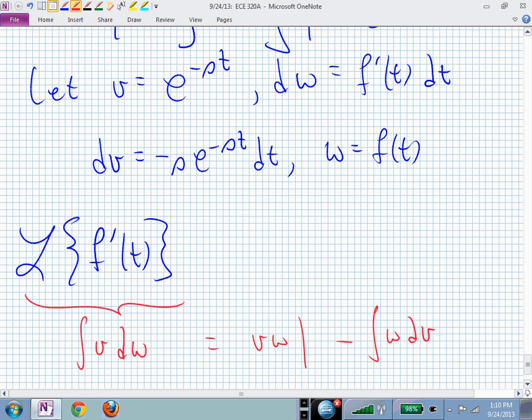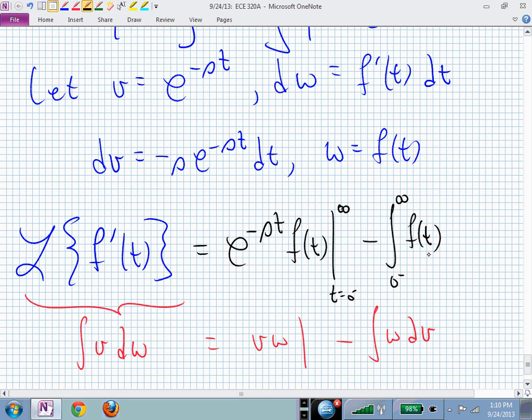So let's now plug those values in. v was e to the minus st, w was f of t, and we evaluate that at t equals 0 minus and infinity. That's our vw at the limits. And then we have minus the integral from 0 minus to infinity of w dv, which is this minus s e to the minus st dt.